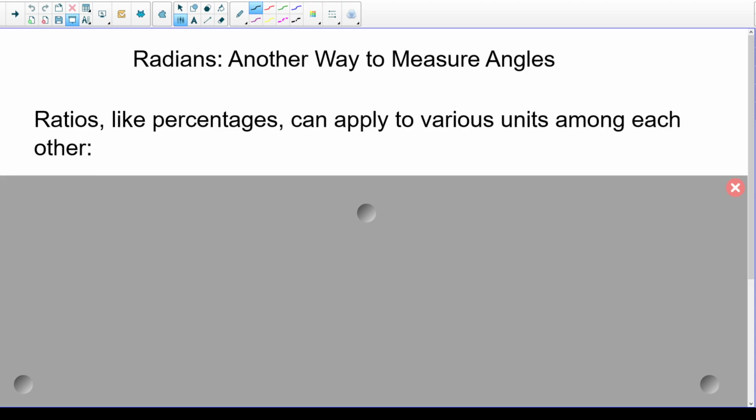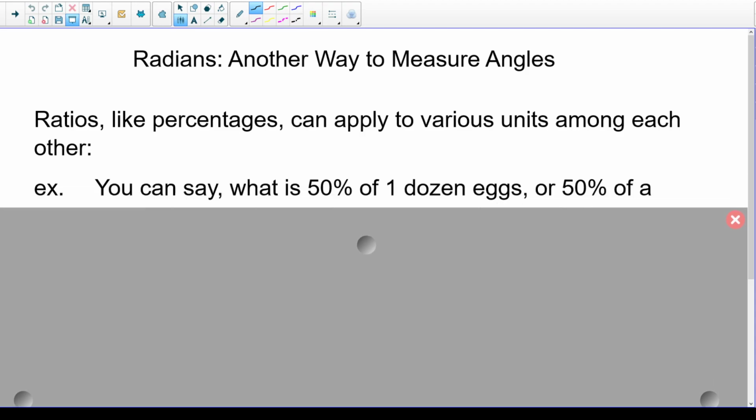So I want to just get your brain thinking about some examples related to ratios. Ratios are like percentages, right? A ratio is just a fraction, so 1 out of 2. But 1 out of 2 is a percentage, it's 50%. What's interesting about ratios and percentages is they can be applied to various units.